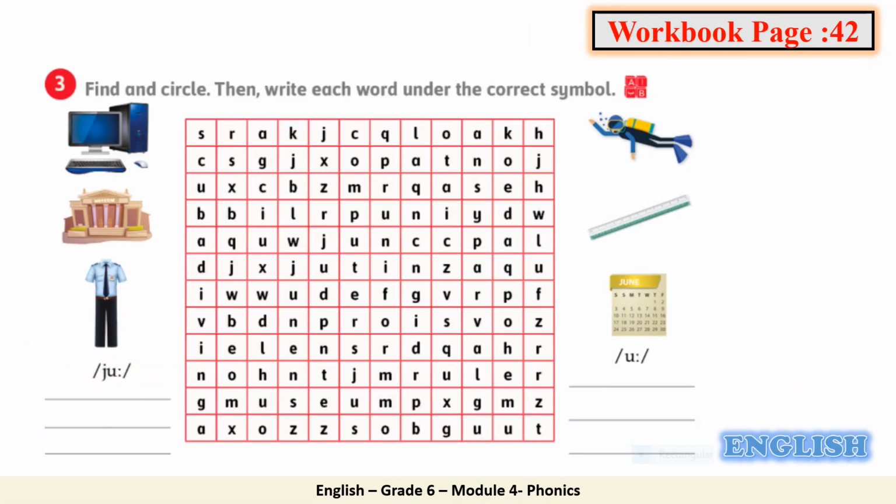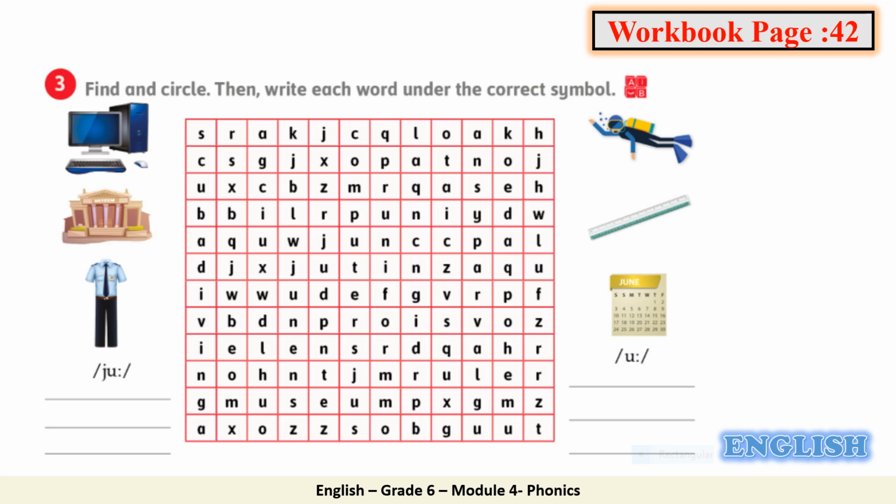The last exercise we have today is number 3 in the workbook on the same page. It says, find and circle, then write each word under the correct symbol. We have here the same pictures and the same words that we learned throughout our lesson.